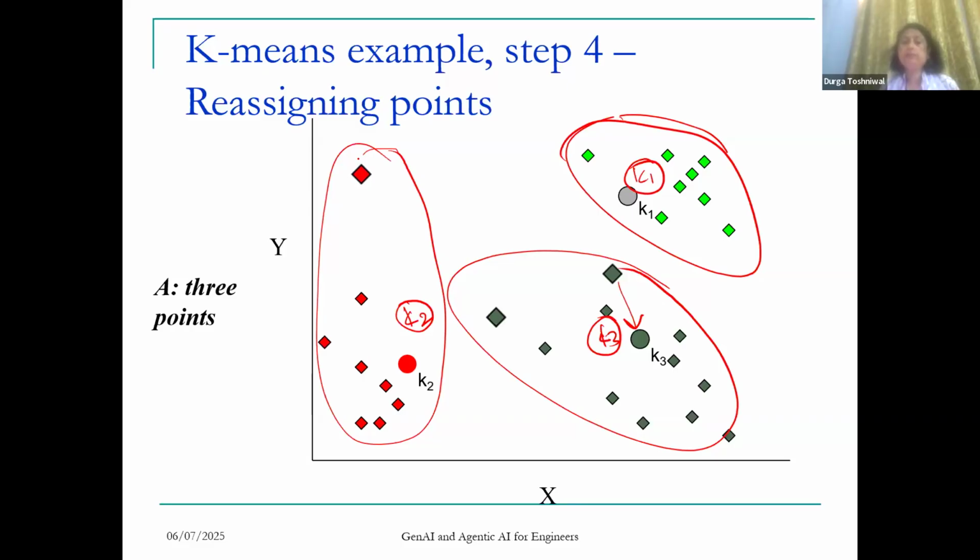Therefore, most of the time, we try to put a cap on the total number of iterations for which this algorithm is going to run, and at that point we assume that the result is good enough for us and we stop. So this is how k-means proceeds.